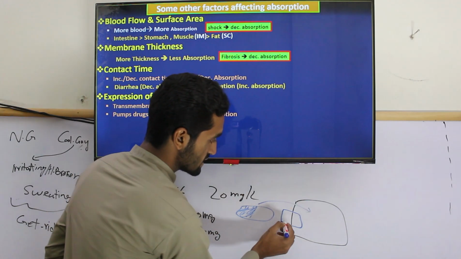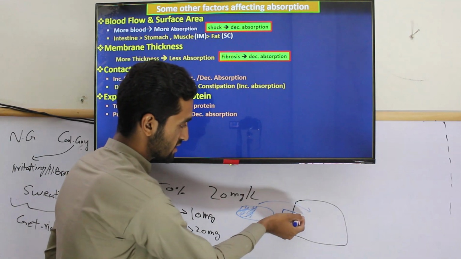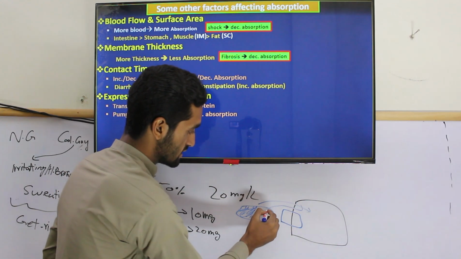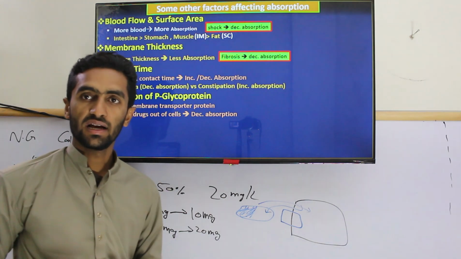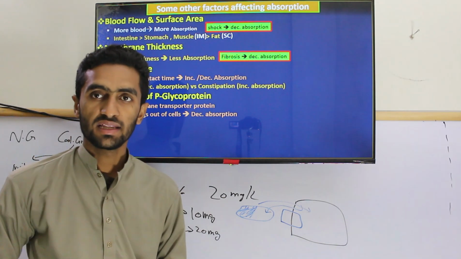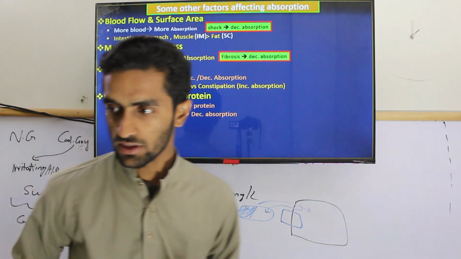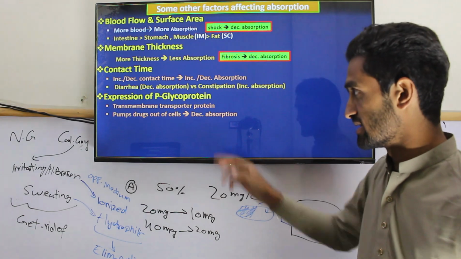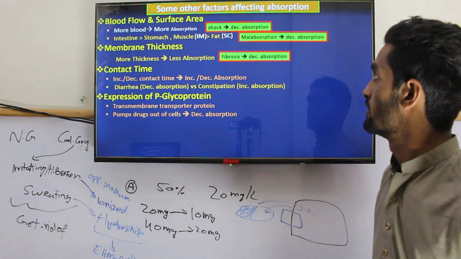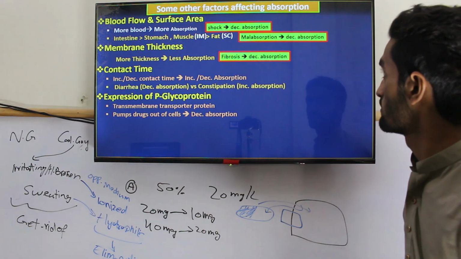This P glycoprotein will repel the drug, meaning it throws the drug back. So the more P glycoprotein expressed over the membrane, the more it repels your drug and decreases absorption. The same thing is mentioned here. Okay, very straightforward. Malabsorption also decreases absorption.